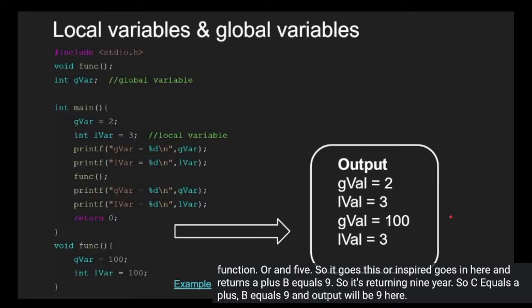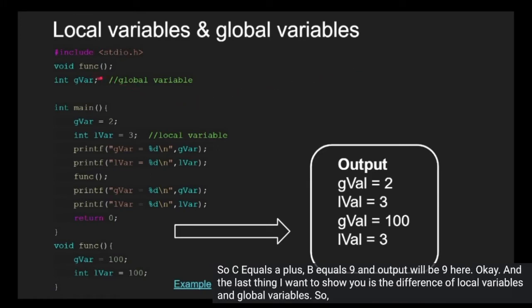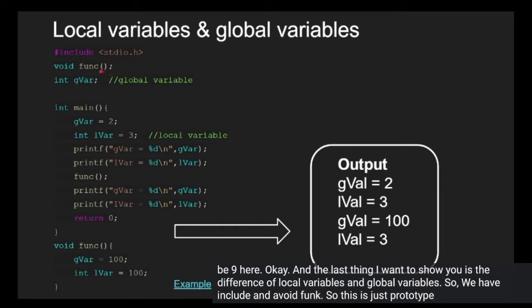Okay, and the last thing I want to show you is the difference of local variables and global variables. So we have include and void func. This is just a prototype declaration for a function named func.